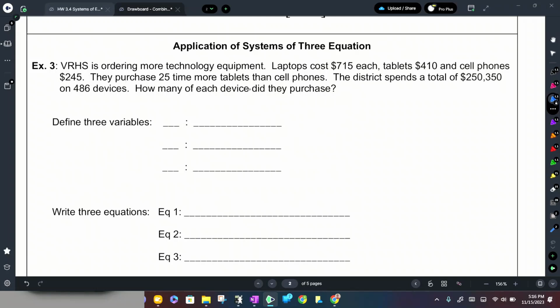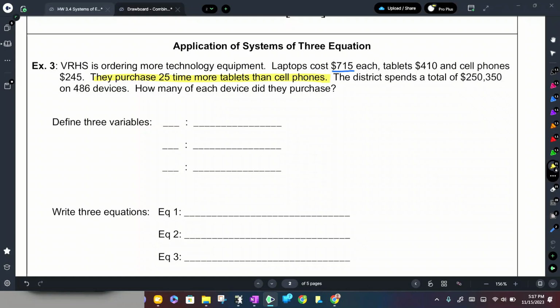So Vista Ridge High School is ordering more technology equipment. Laptops cost $715, tablets cost $410, and cell phones cost $245. Must not be great cell phones. So they purchase 25 times more tablets than cell phones.